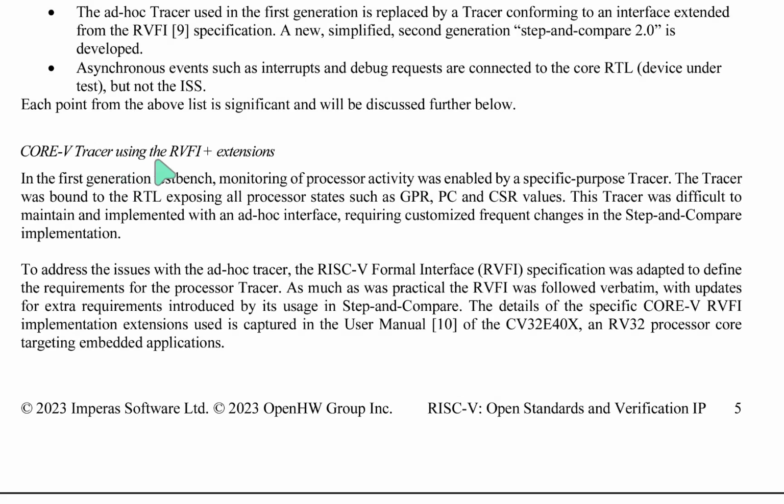The CORE-V tracer using RVVI plus extension. In the first generation test bench, monitoring of processor activity was enabled by a specific purpose tracer. The tracer was bound to the RTL, exposing all processor states such as GPR, PC, and CSR values. This tracer was difficult to maintain and implemented with an ad-hoc interface, requiring frequent customized changes in the step and compare implementation.